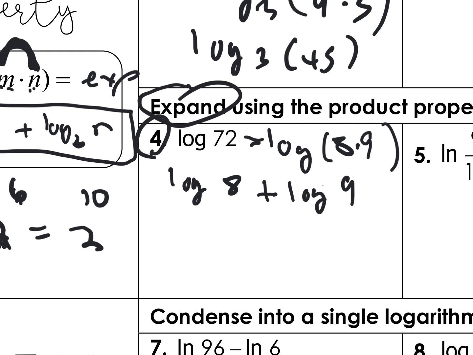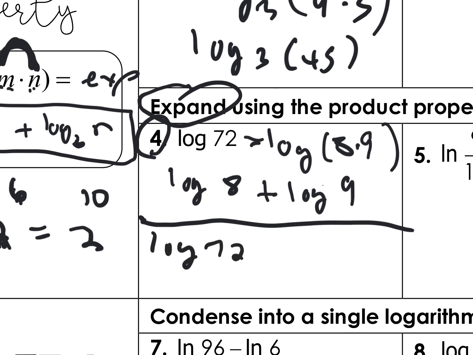That's true. Very good. I get full credit. Watch this, though. I can even be crazy. I'm going to turn that into log of 2 times 6 times 6. I think that is 72. Check it if you want to. 2 times 6 times 6.